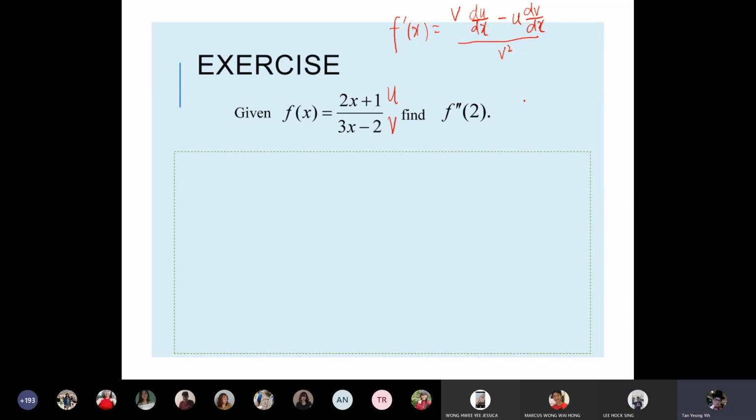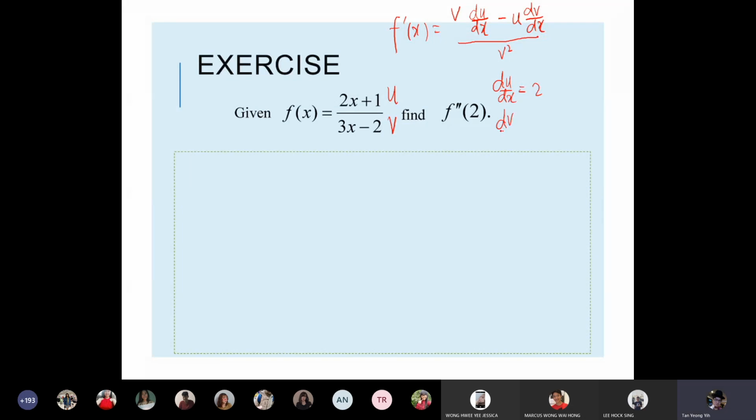Now it will be good if we differentiate first, so we do not have to do everything when we solve this. We differentiate the u first: differentiate the u, we get 2.